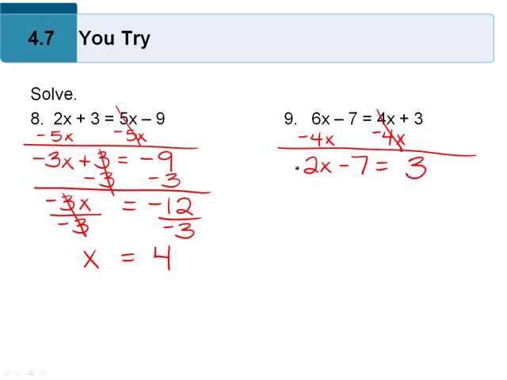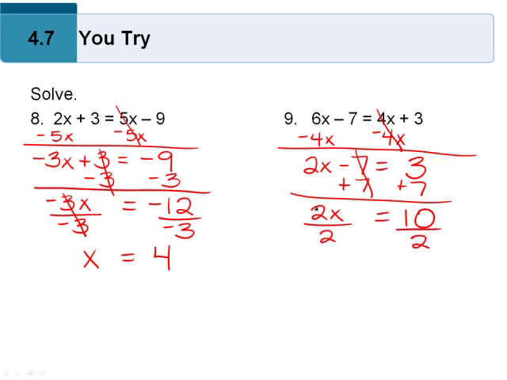And now don't mess with the 2x. You want to get the 7 on the other side. So I have to add 7 to both sides. So 2x comes down, the 7's are gone, and 3 plus 7 would be 10. And your last step now, divide by 2 on both sides. So the 2's cancel, and x equals 5.